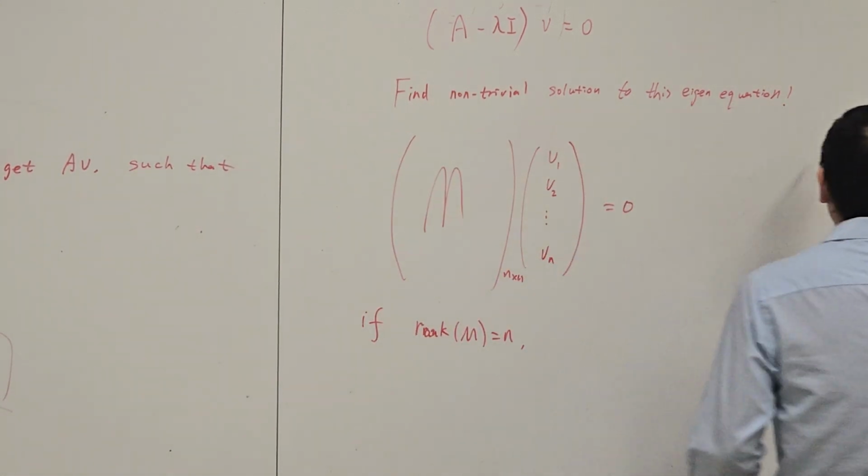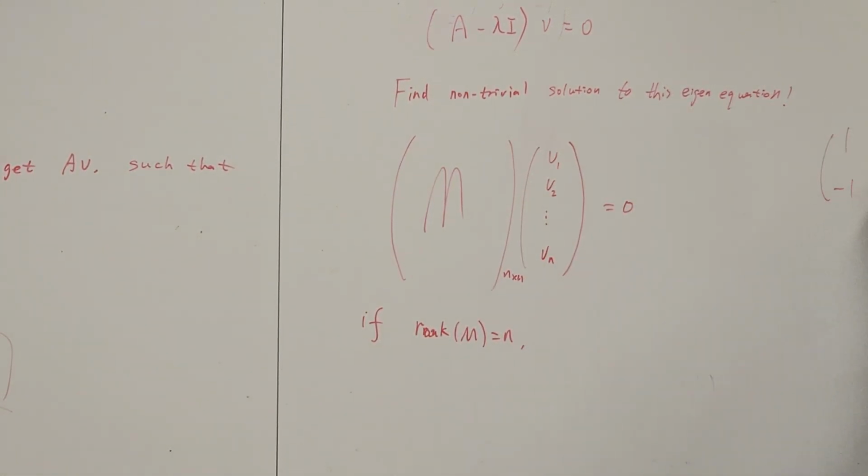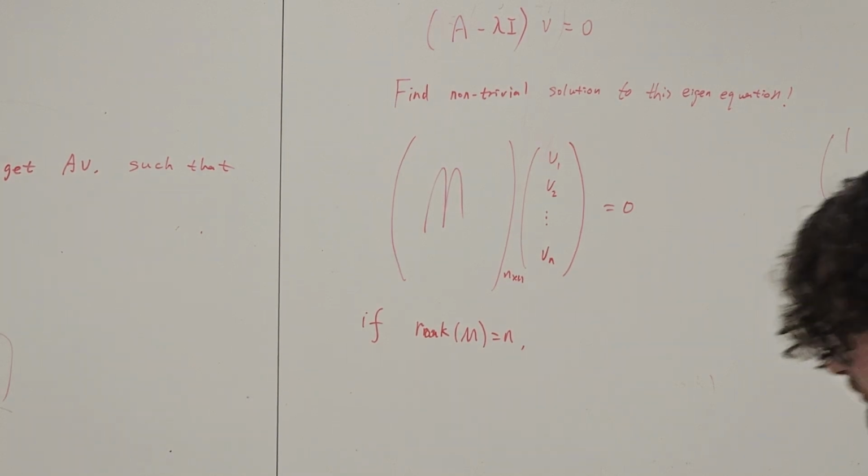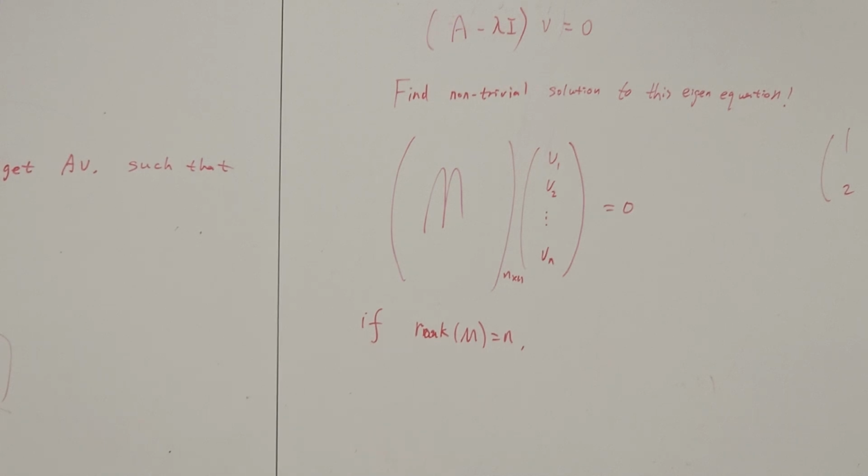You see, 1, minus 1, minus 1, that means they're linearly dependent on each other. 2, 3, they're not. So for this, you cannot find any vector to make it 0 because they are linearly independent of each other, which means you cannot multiply any vector to them.